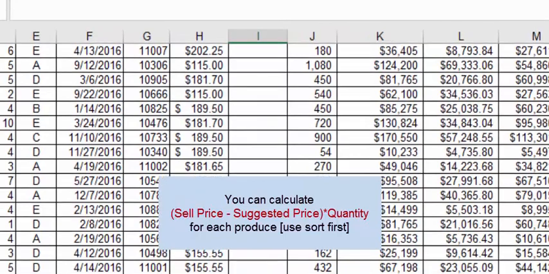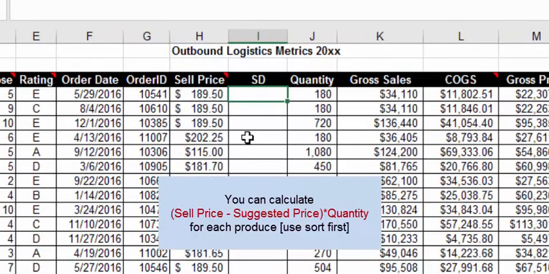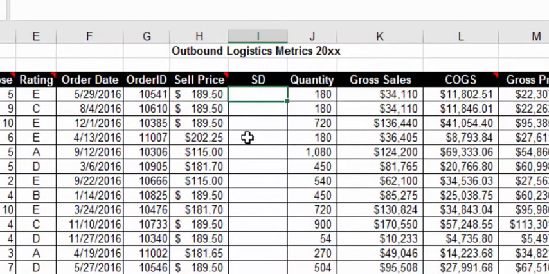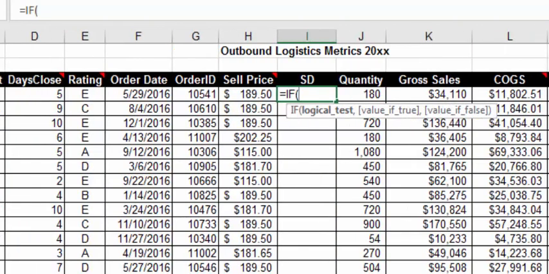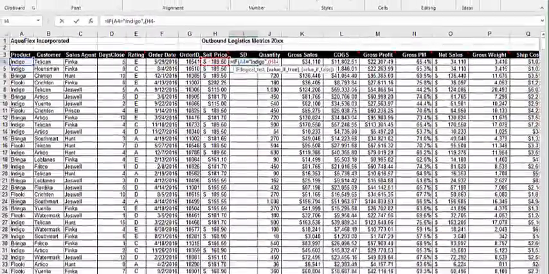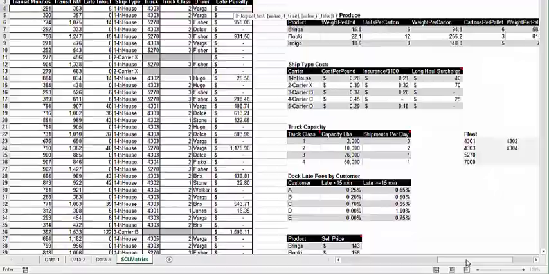So you can do one product group at a time if you like, or you can do an if statement. So for example, if I said equal if the product equals Indigo, and you have to put that in quotation marks, then what we're going to do is take the price we sold it for minus, and let's just take a peek at the price for Indigo because I forgot already.